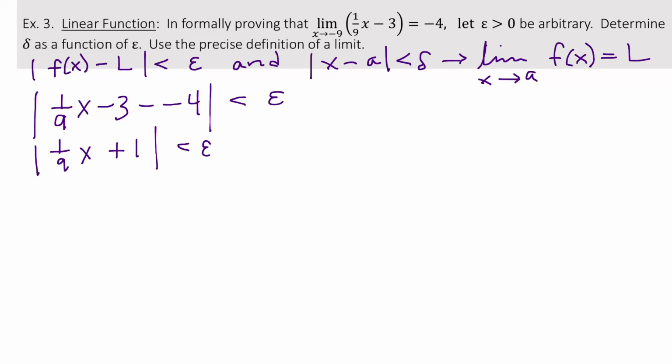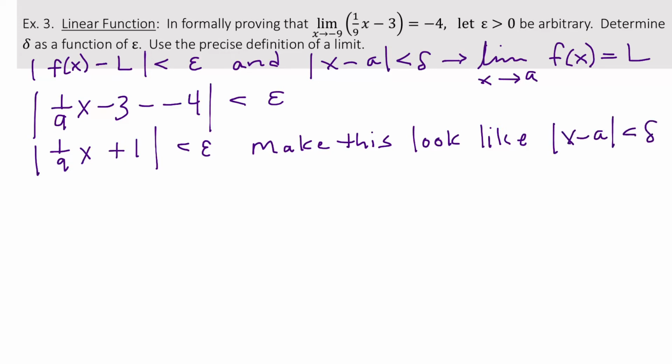So the way that we're going to do this one is we're going to make this part look like the other part, x minus a is less than delta. That's going to be our approach.